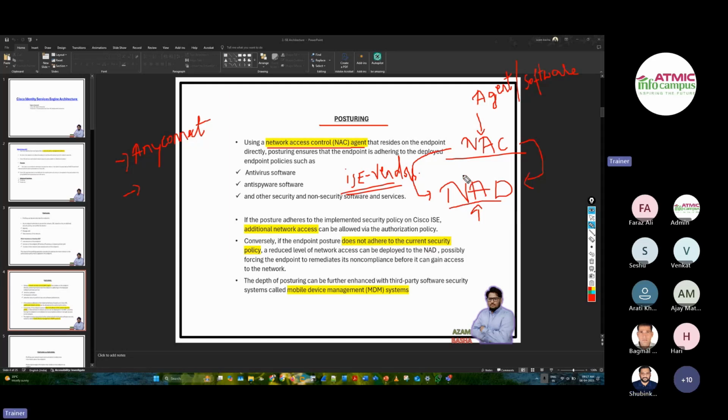This is for your AAA. So when this is for AAA, I can also authenticate my load balancer here, which is F5. You agree?